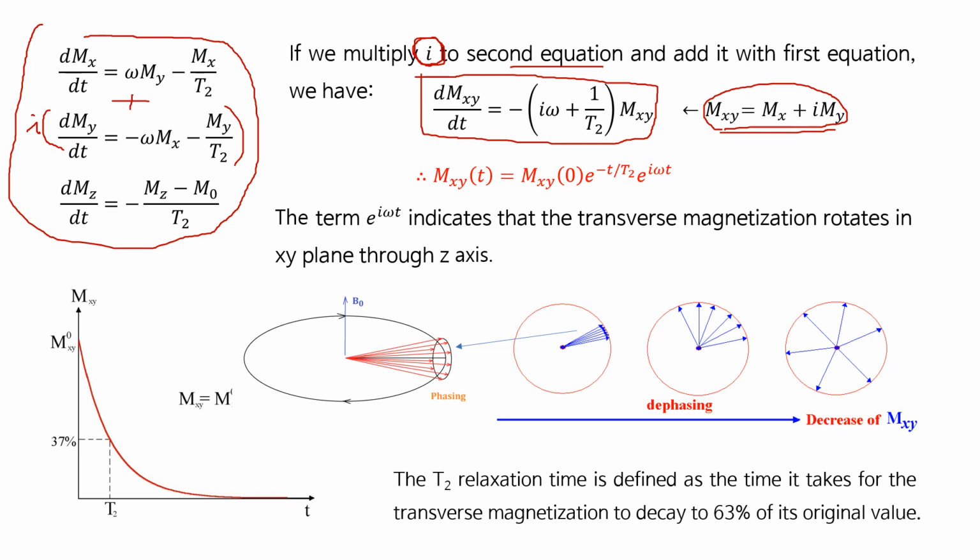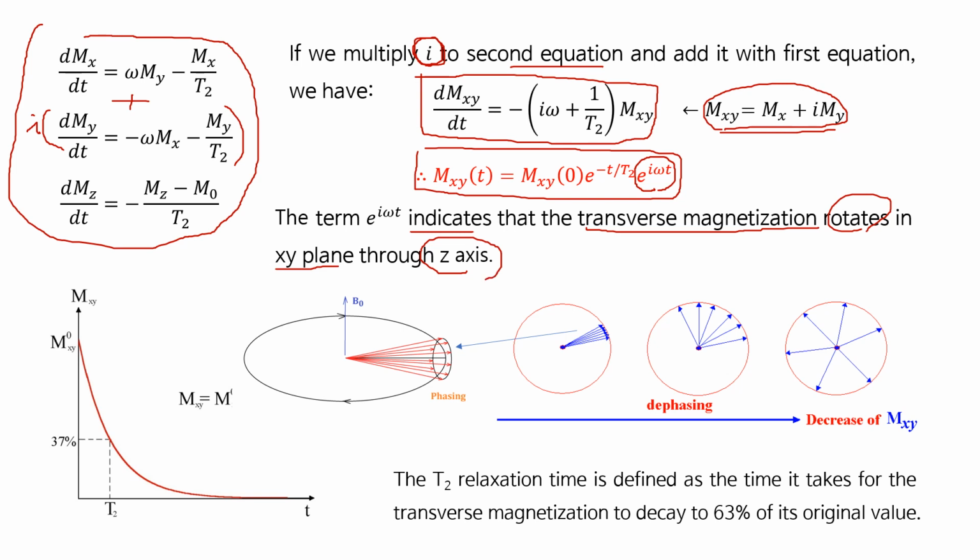The solution of this differential equation can be obtained as here. The term exponential i omega t indicates that the transverse magnetization rotates in the xy plane around the z-axis, which is the direction of the B field.